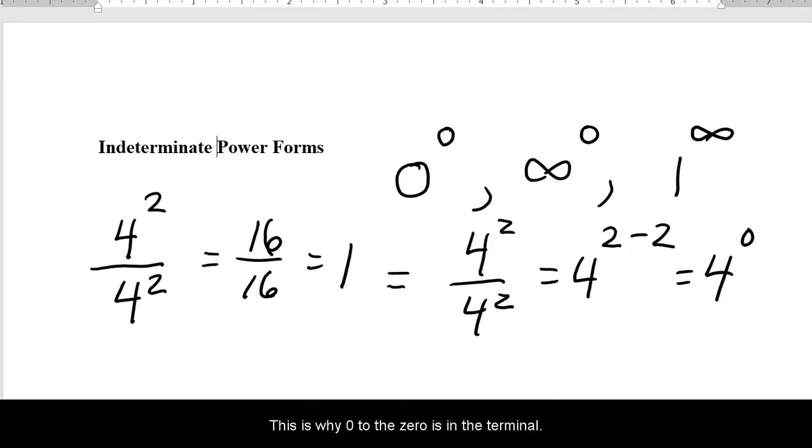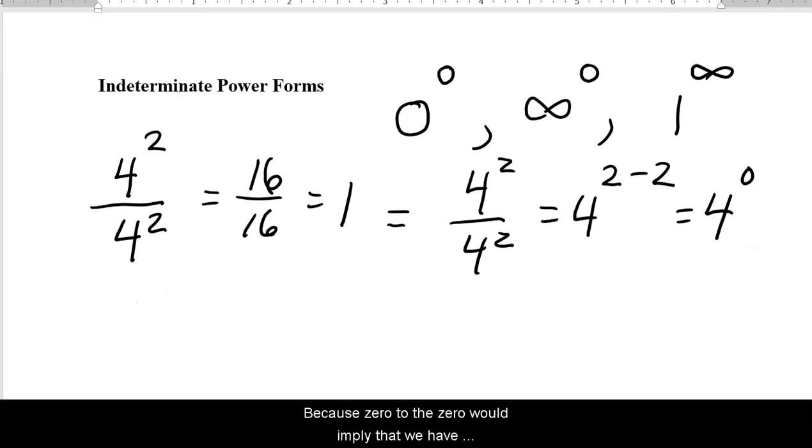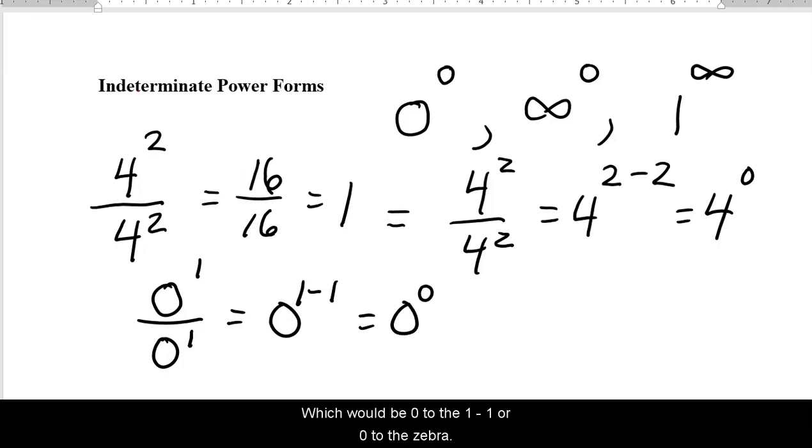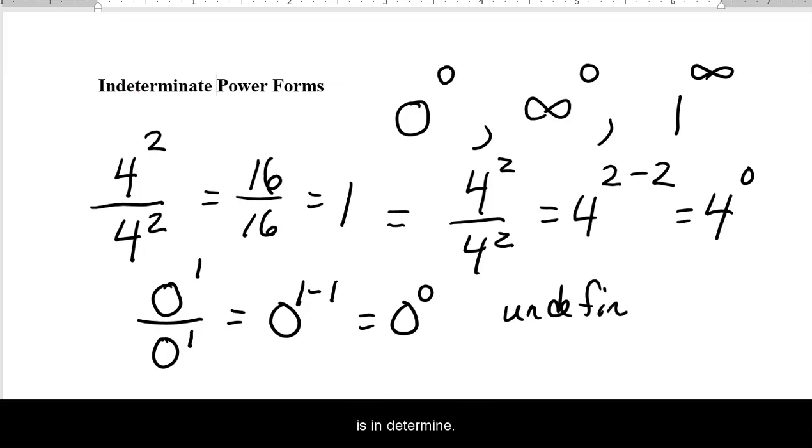In order to make this work, we must define anything to the 0th power to be 1. This is why 0 to the 0 is indeterminate, because 0 to the 0 would imply that we had something like 0 to the first divided by 0 to the first, which would be 0 to the 1 minus 1, or 0 to the 0. But 0 divided by 0 is undefined, which means that in the limit form, it is indeterminate.